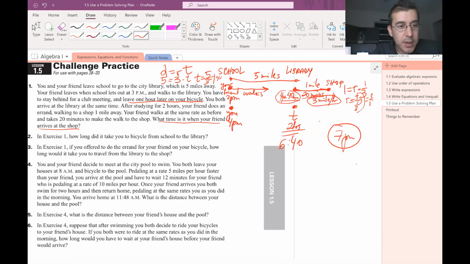Number 2, in exercise 1, how long did it take you to bicycle? So this is for you. You're bicycling, right? How long did it take you to bicycle from school to the library? Okay, so you need to find the time, and d equals r times t. It took you 40 minutes, right?